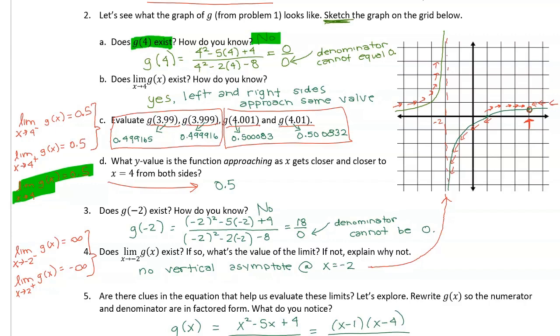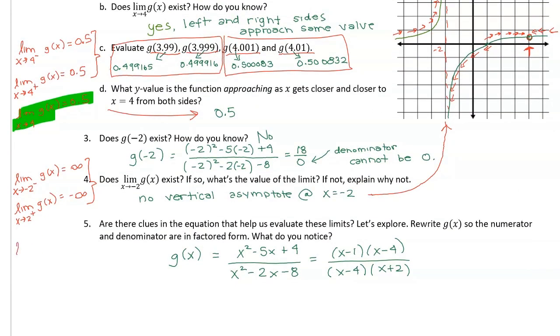So what do we do? Well, it looks like I wrote this wrong up here, it should be -2 from the right. So we say the limit as x approaches -2 of g of x does not exist. And I'll write it over here on the graph. The limit does not exist.